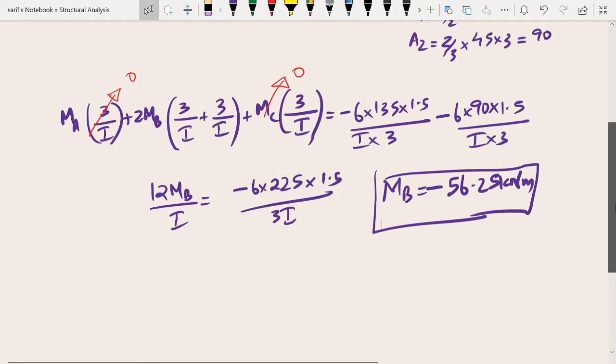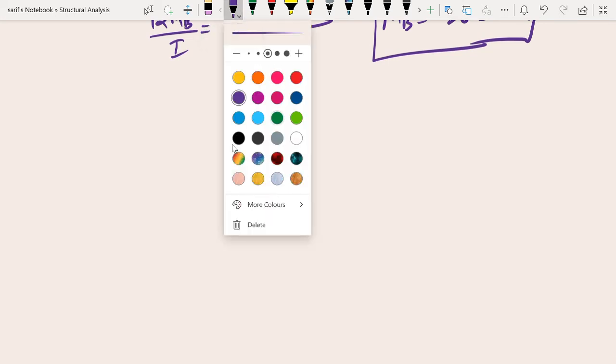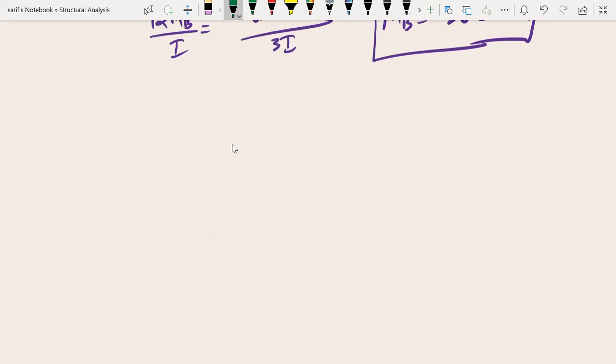To do that, we have to analyze the beam. So let us consider the beam. Let this be RA, let this be RB left, let this be RB right, and let this be RC.